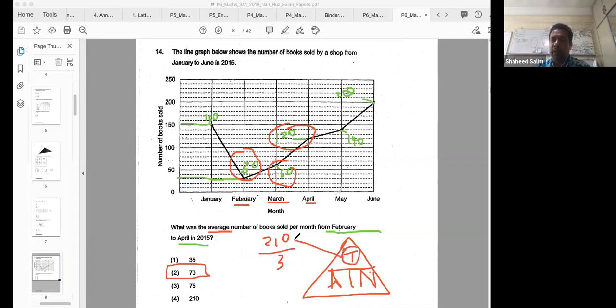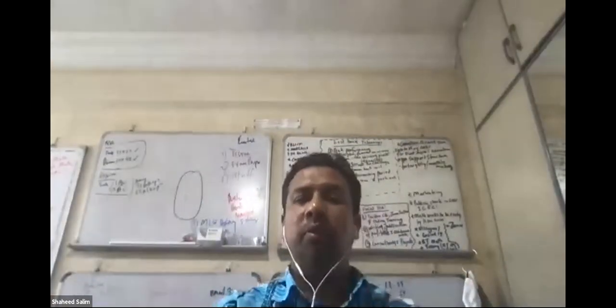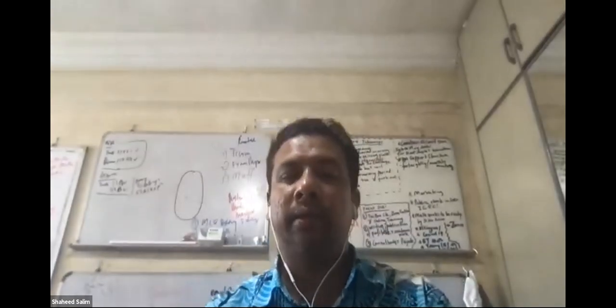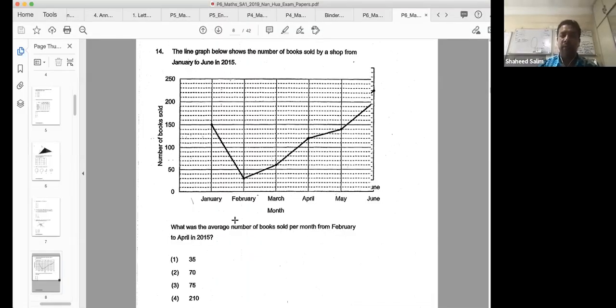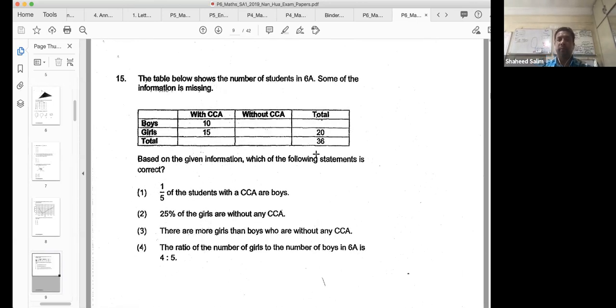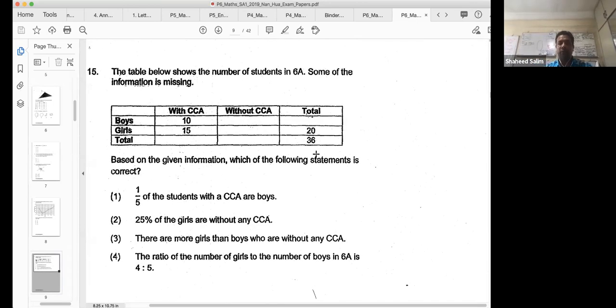Total on here is 210, divided by the number of months on here, which is 3. So you get 70. Okay, we move on to the next one. Those of you got this correct, it's 2 marks. Two marks for your last question. This one might be a little bit challenging. The last question is.